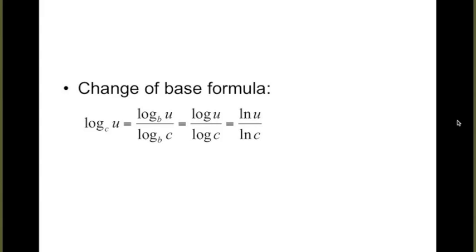To put some words to this big messy formula, what we're going to end up doing is the log of the "of" divided by the log of the base. It's the same thing with ln. So you take the ln of the "of" divided by the ln of the base.